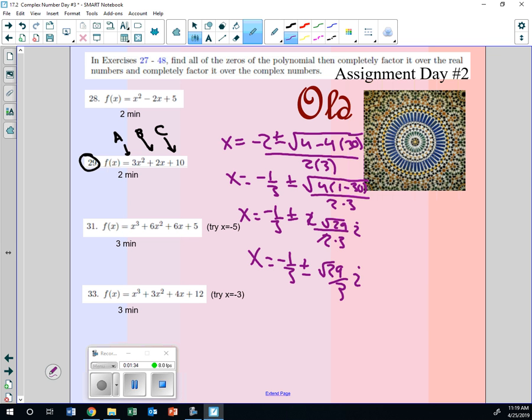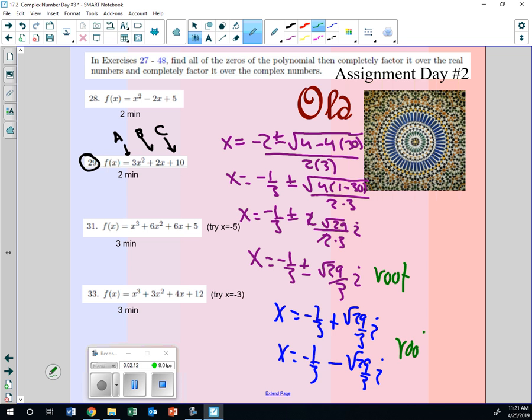How's that? Now this is what I want to help you with today. These are the two roots. We're going to take these roots and put them into factors. So here's how this works. We have two roots: negative 1/3 plus the square root of 29 over 3 i, and negative 1/3 minus the square root of 29 over 3 i.